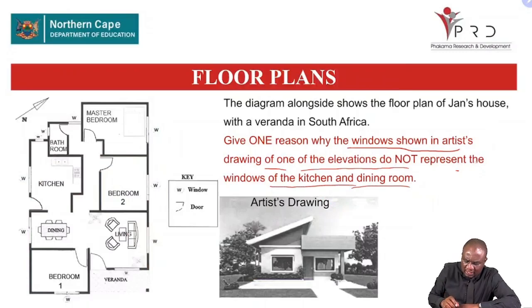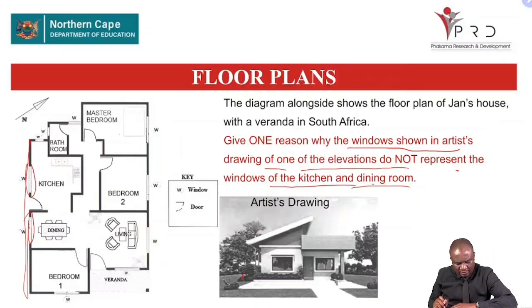Right, welcome back. Now give one reason why the windows shown on the artist drawing do not represent the windows of the kitchen and dining room. This is the artist drawing. These are the windows of the kitchen and dining room, this side. This is the window there. But in the artist drawing, there's a pillar there.